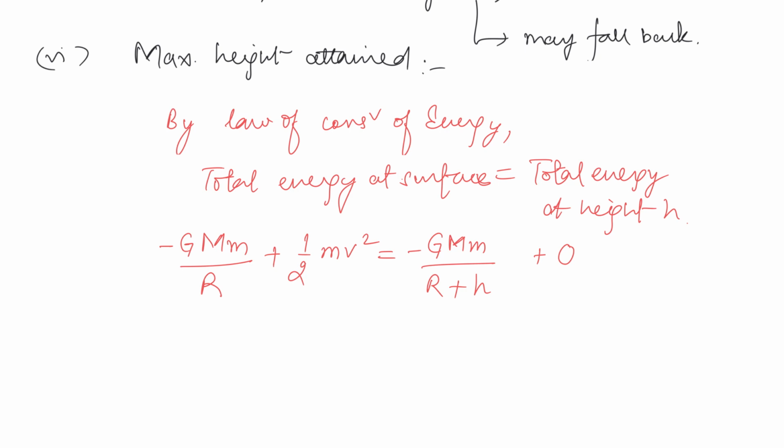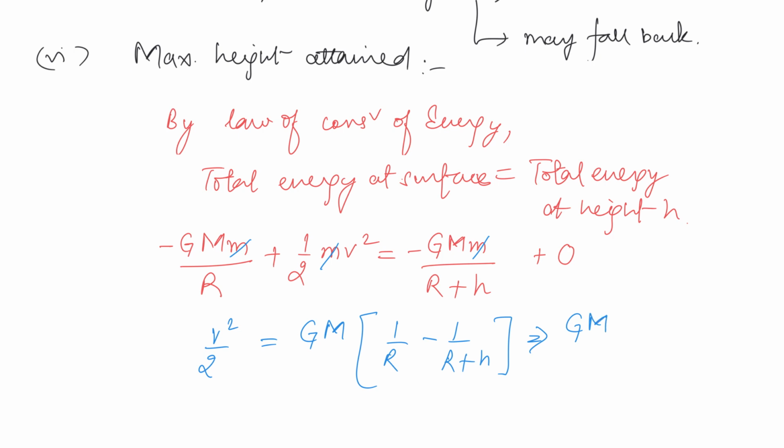So if we solve this, this m will be cancelled out, and v square upon 2 will be equal to GM into 1 upon R minus 1 upon R plus h. So after solving this, we will get GMh upon R into R plus h.